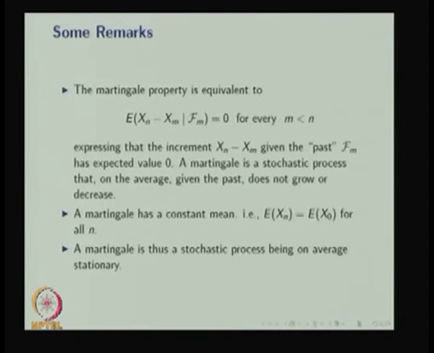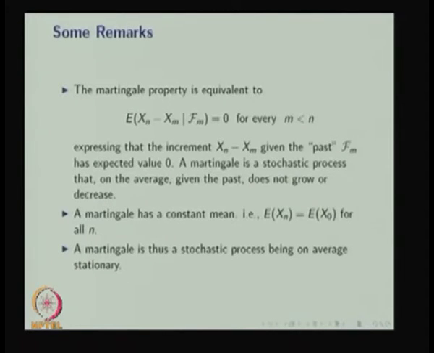So the Martingale property is the same as the conditional expectation of the difference of the random variables, expressing that the increments X_n minus X_m given the past F_m have expected value 0. That is the meaning of the above expression.